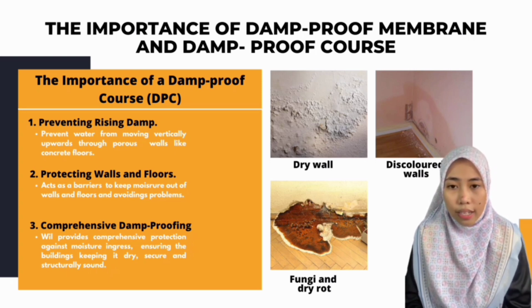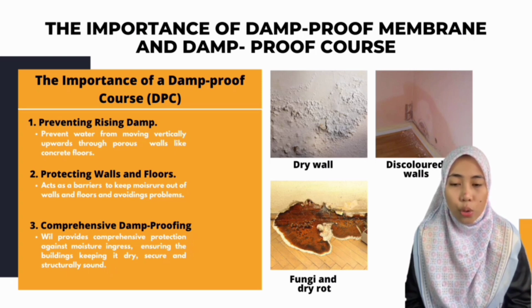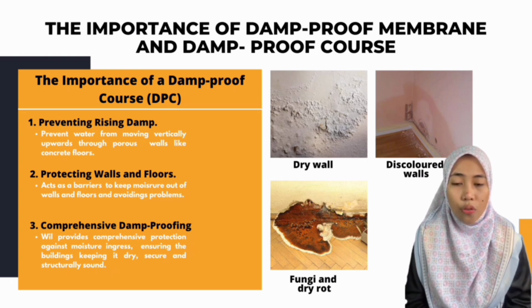Other than that, it reduces the maintenance cost of the building. This is because buildings with dampness issues often require expensive maintenance and repair to address structural damage, replace damaged materials, and stop the growth of mold.